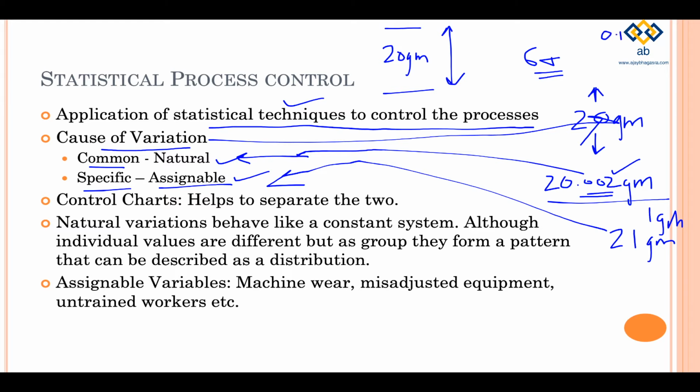So which means 20.10 grams and 19.90 grams. So this is the upper limit, and this is the lower limit.